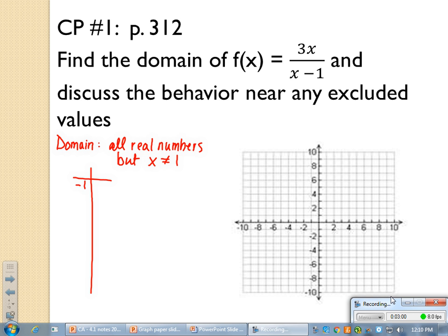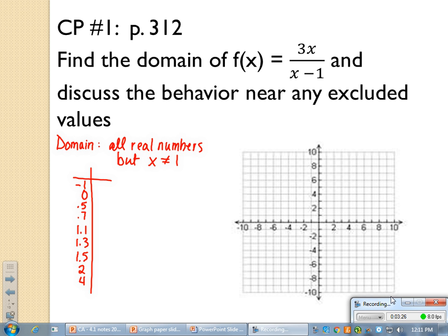So I started back at -1 and 0, and then I did a couple of decimals that got me closer and closer and closer to that 1. Then on the other side, I picked 1.1, 1.3, a couple that were really close to the 1 on the right. And then I broke myself away.